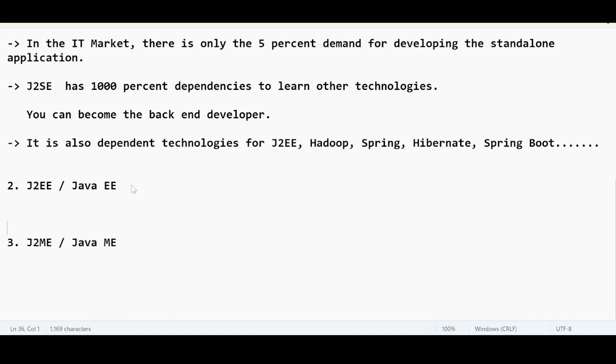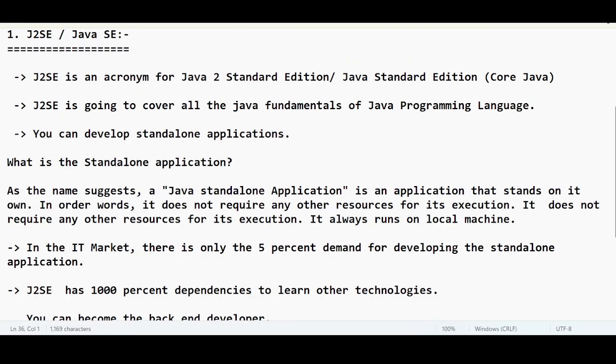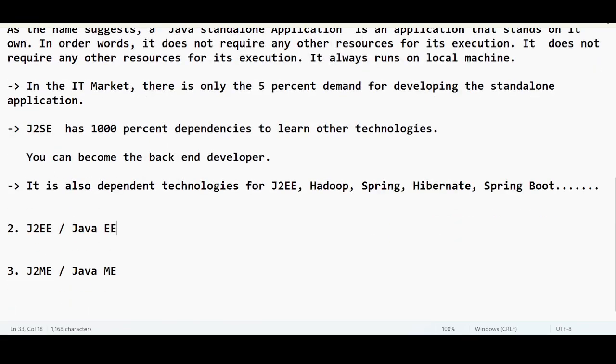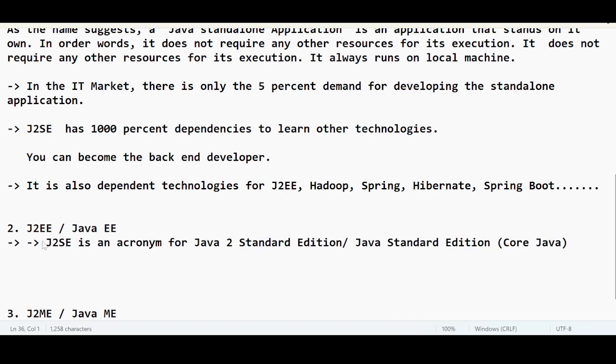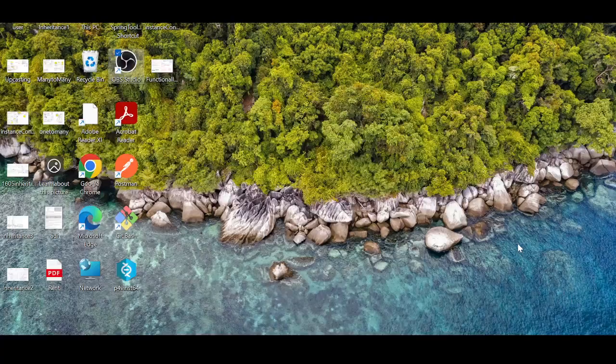What does it really stand for? J2EE is an acronym for Java 2 Enterprise Edition, or Java Enterprise Edition. In the market, it is literally called advanced Java.